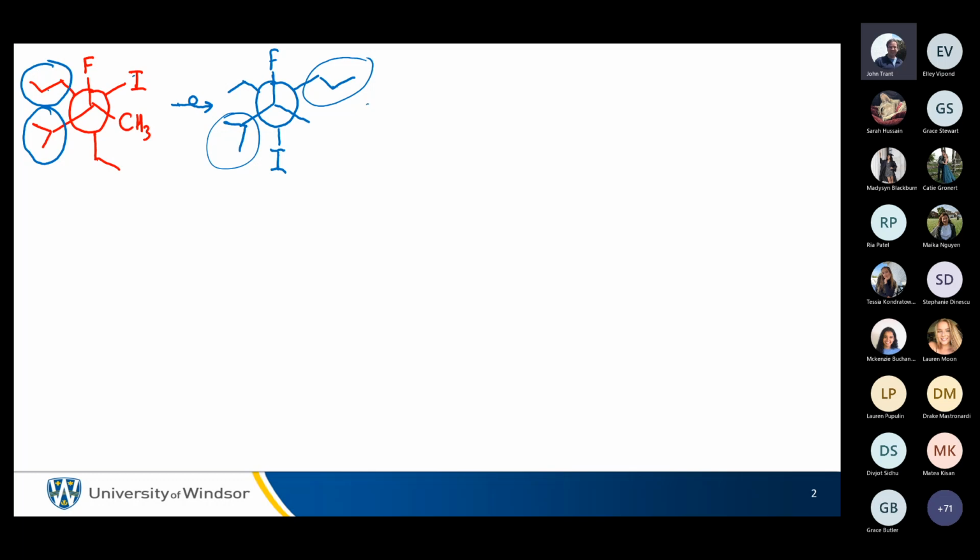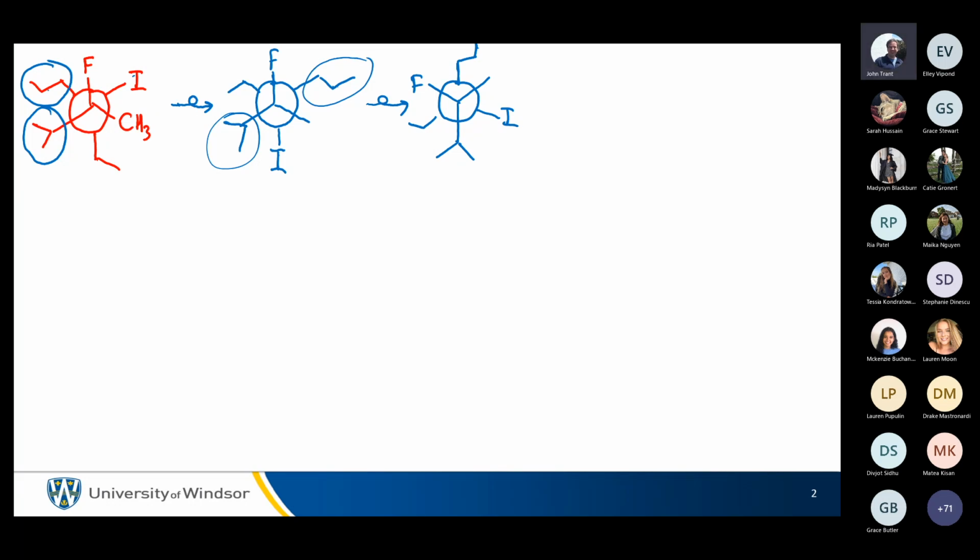So what I recommend you do is take those biggest groups and stick them anti to each other at the top and bottom of the molecule. Why? Because when you do that, you will naturally get this folding into the right line angle formula with the carbon groups in the plane. So you have this.